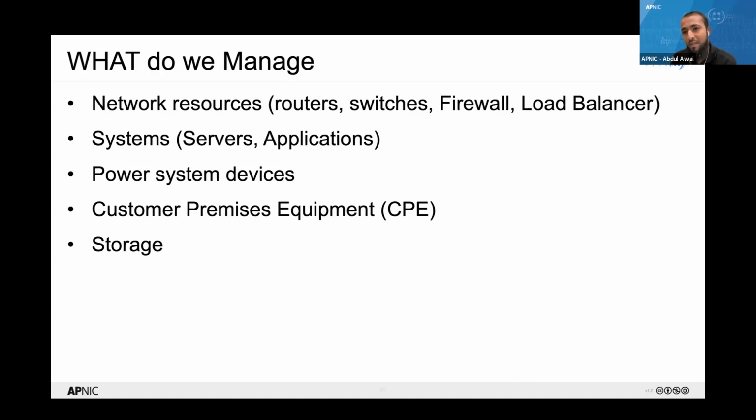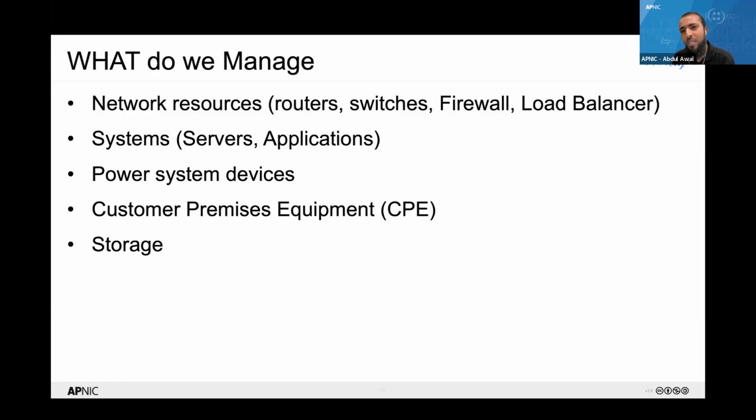If you are giving services to the customers, remember there are many companies who use PPPoE authentication. That means the customer premises has a router to dial and get authenticated. So these are CPEs.